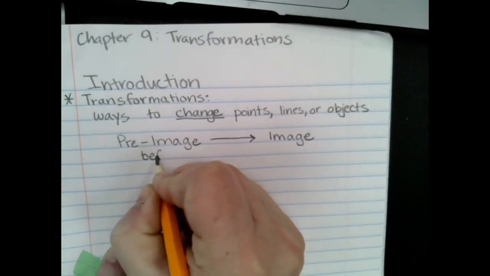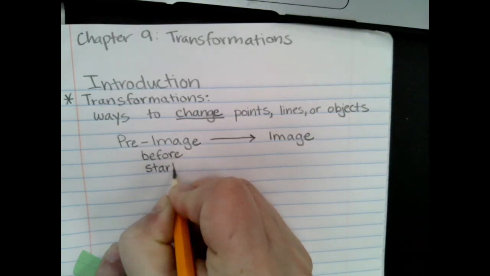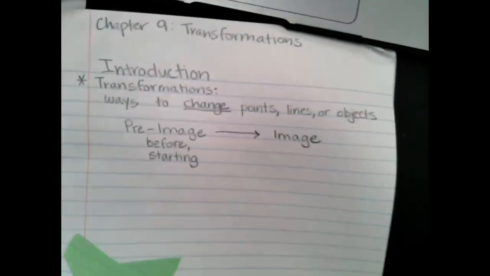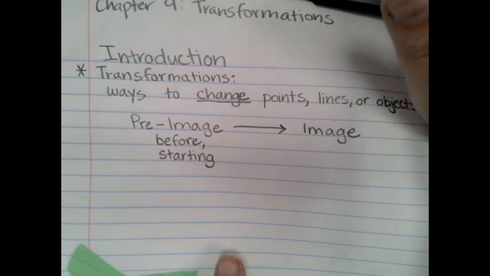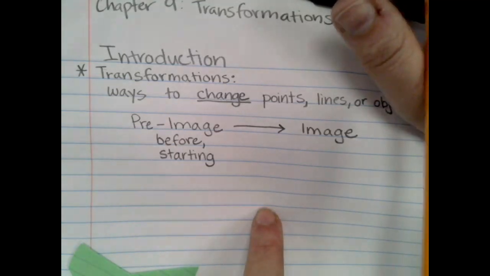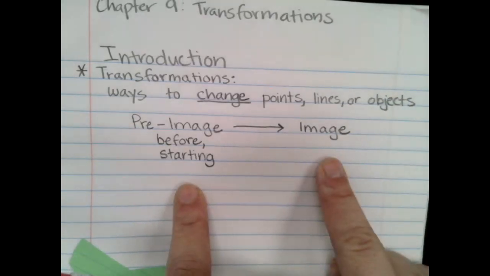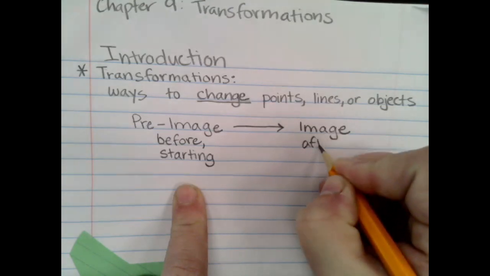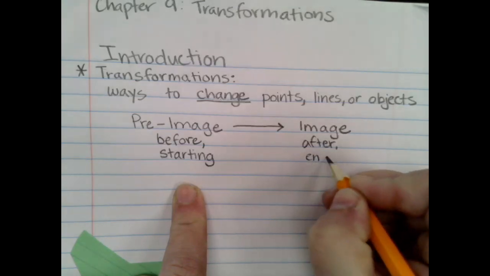Or our starting. Now, I've always heard it being called like post-image. In math here, we just call it image. So it's a pre-image and just image. And image represents the after. Or it's like the ending.